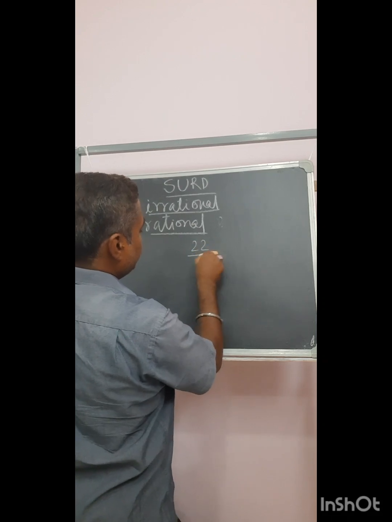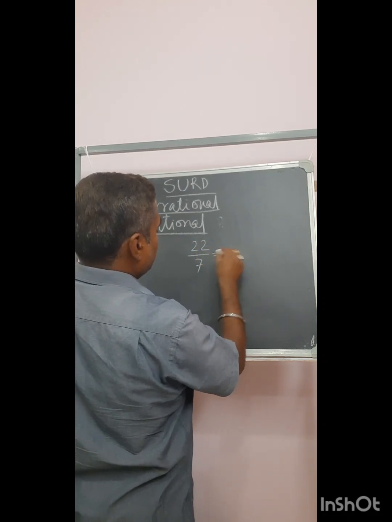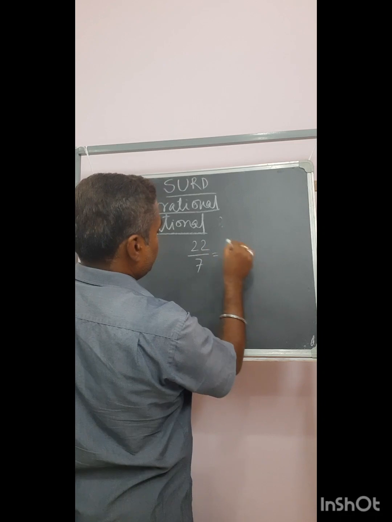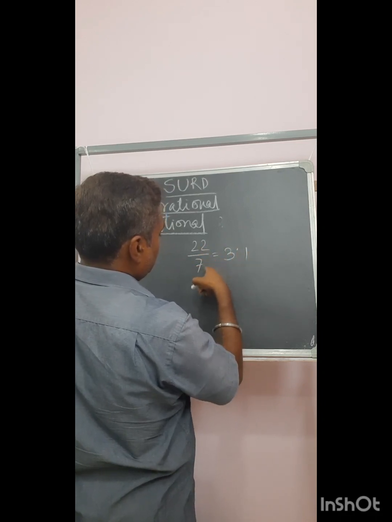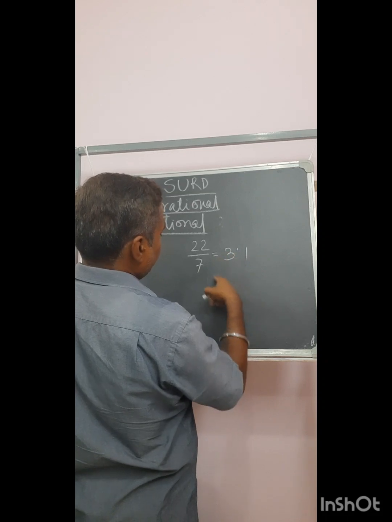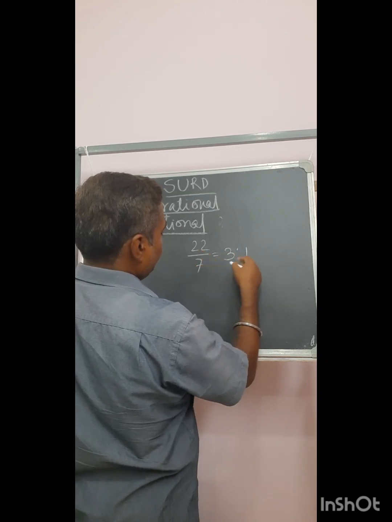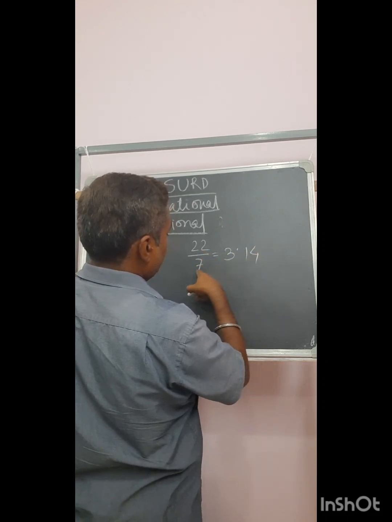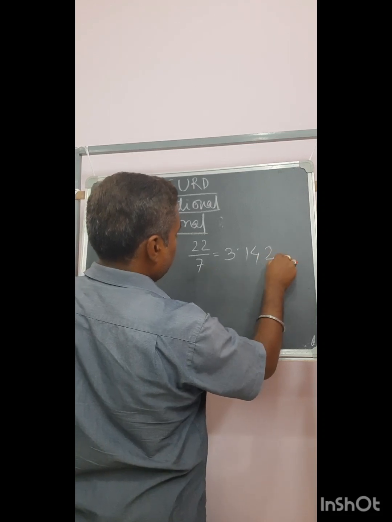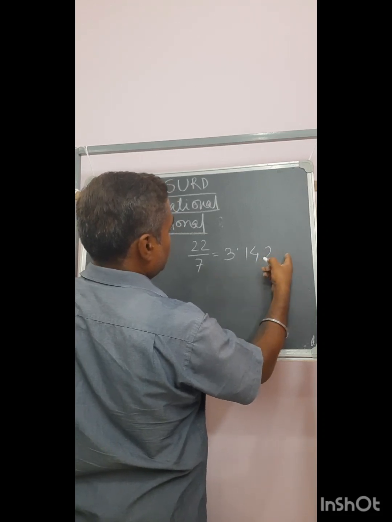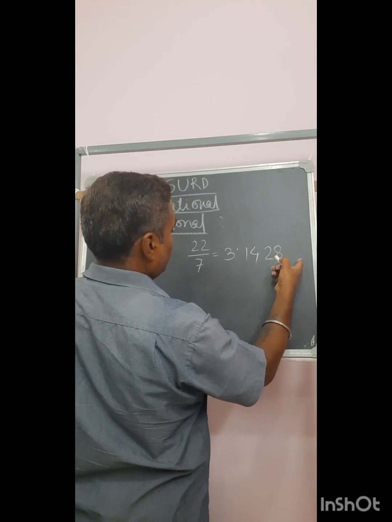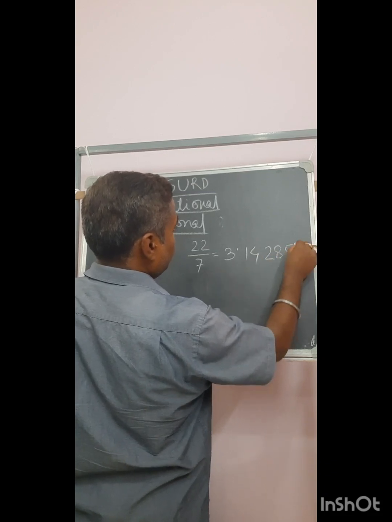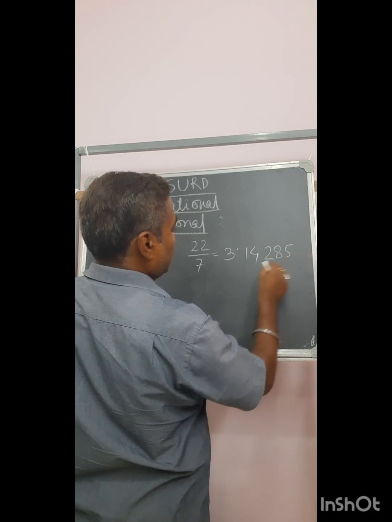22 upon 7, if I want to divide it, 3 sevens are 21, remainder 1, that will come 10, one time, 30 will come, 4 times 28, 2, and then 2 times 6 will come, then 8 times 40, then 5 times 50, and like that.